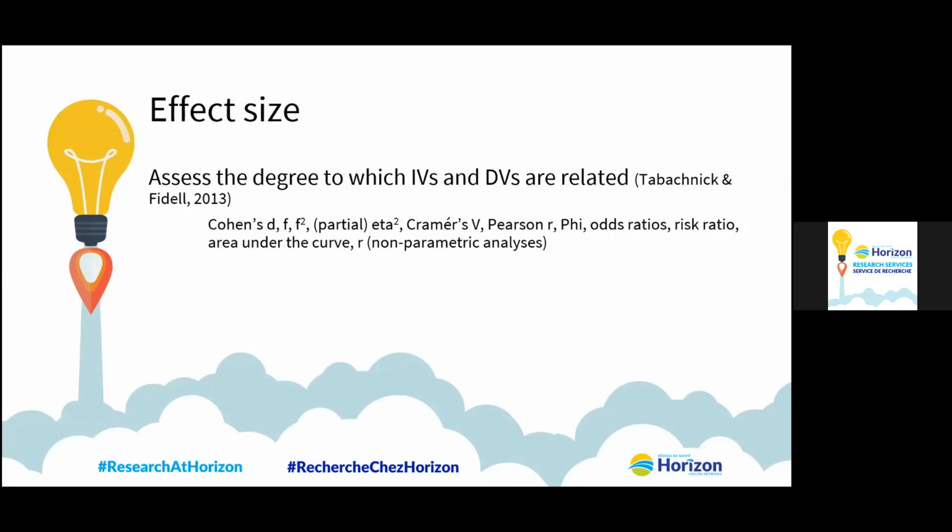I've listed some of the common effect sizes here, and it might seem like a lot, but the choice of the effect size follows along with the test that you've used. So if you run a chi-square test, you would report Cramer's V for the effect size for that data. If you run a t-test, you'd use Cohen's d. So there are also established guidelines available for you to use to try and interpret what is a small effect size, what's a medium effect size, what's a large effect for each of these different effect sizes and different measures that we have.